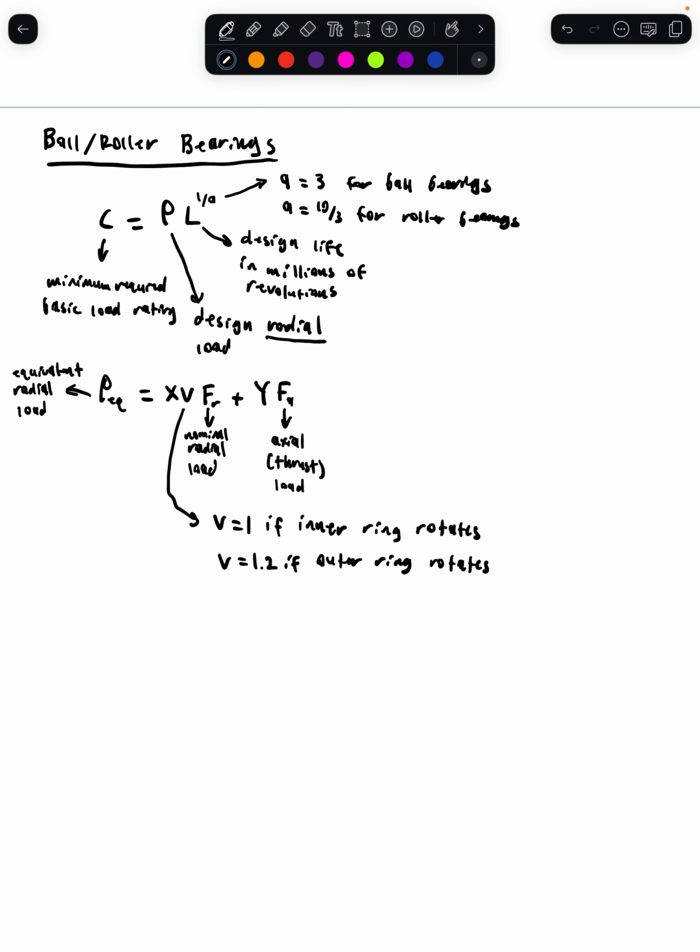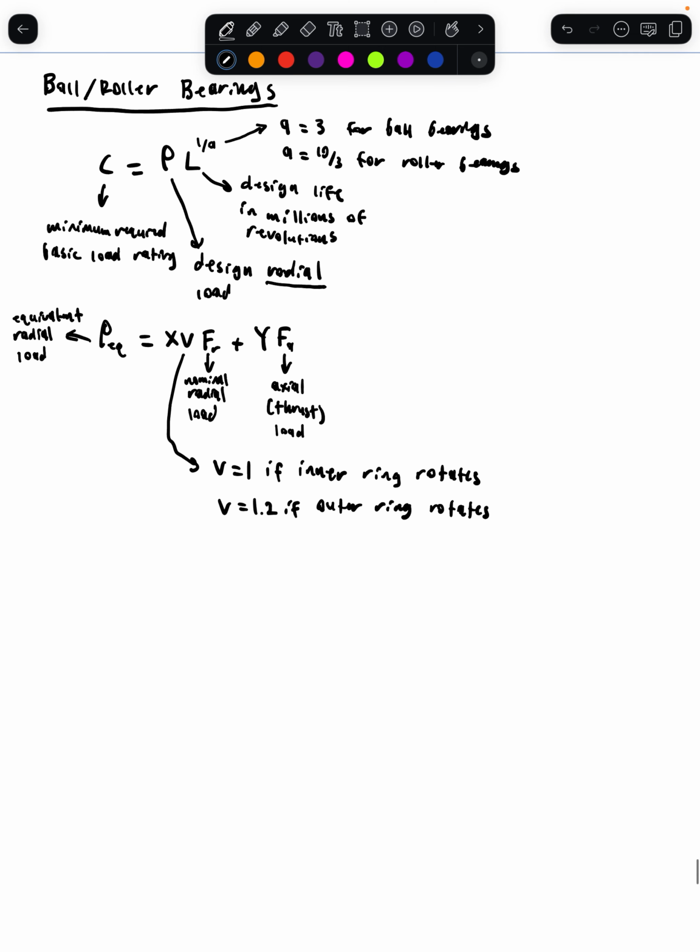Now for these X and Y terms, it's a little bit more complicated. There's actually a third variable we need to bring in, which they call E, and the E is equal to 0.513 times your nominal axial load divided by C naught.